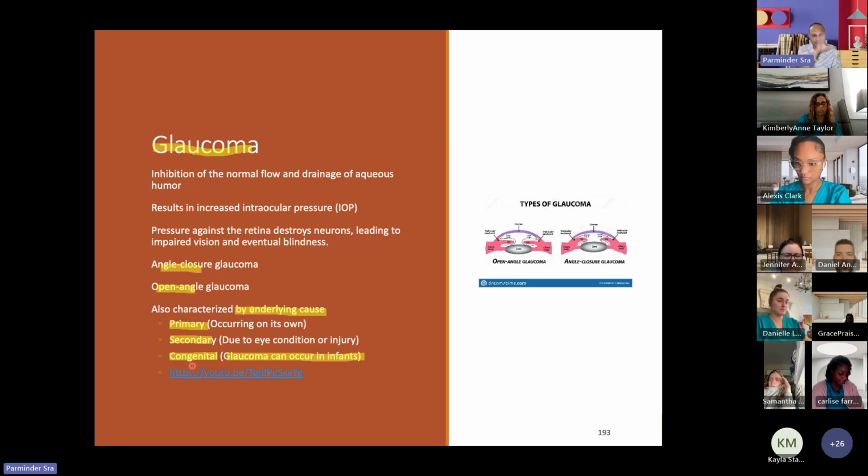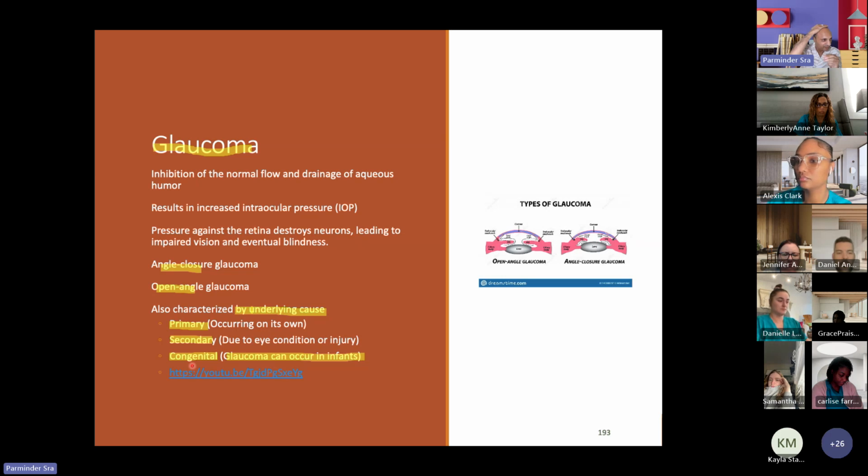Now let's talk about glaucoma in general. This is an eye condition that can damage the optic nerve, which is crucial for vision. The reason? Abnormally high pressure in the eye, which is called IOP, intraocular pressure, right?